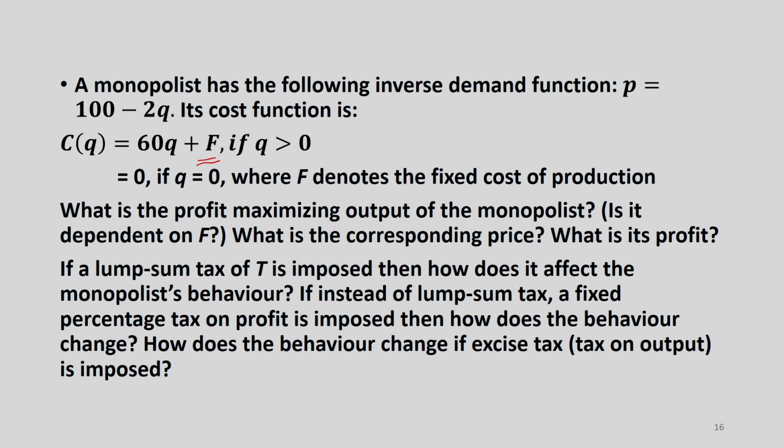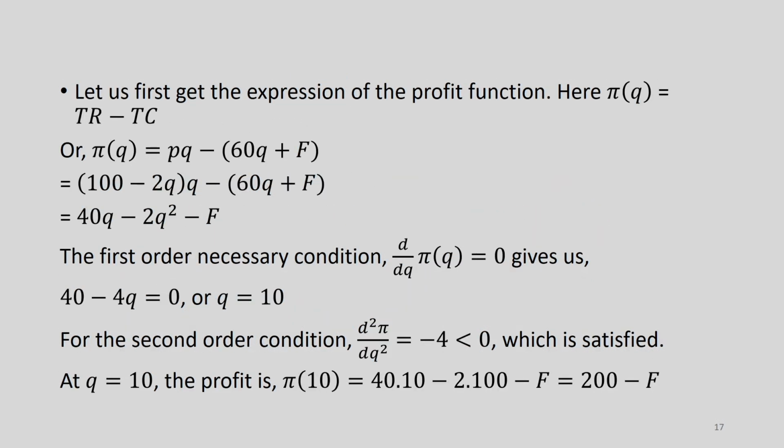How does the behavior change if excise tax, that is tax on output, is imposed? Okay. So, it is quite a long question. We have to do it carefully and slowly to get the answer, but it is not very difficult.